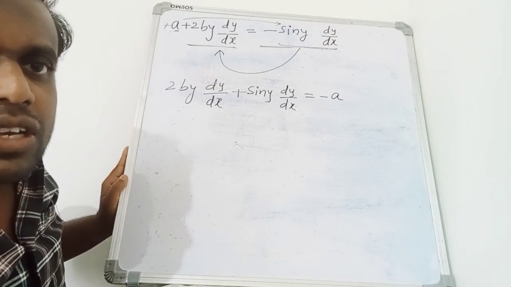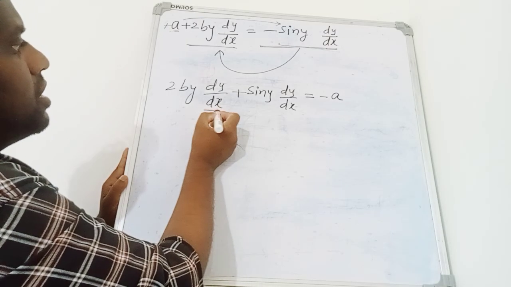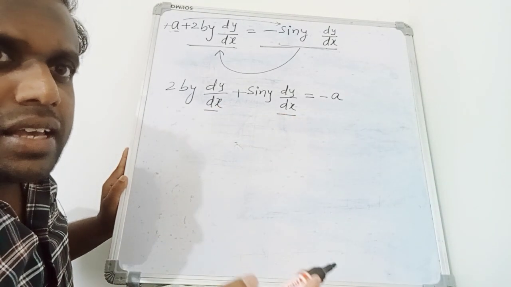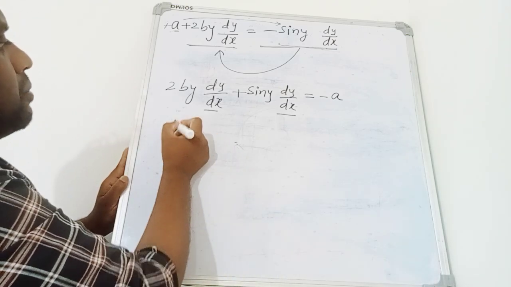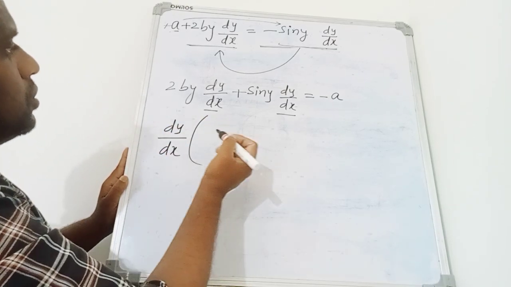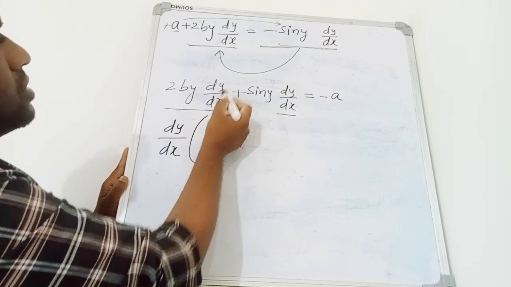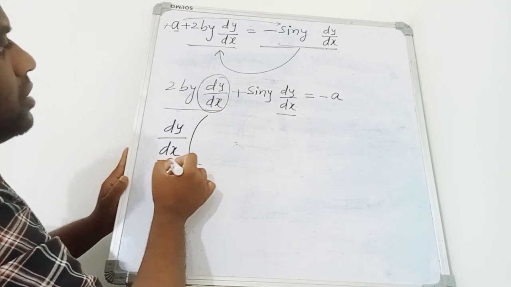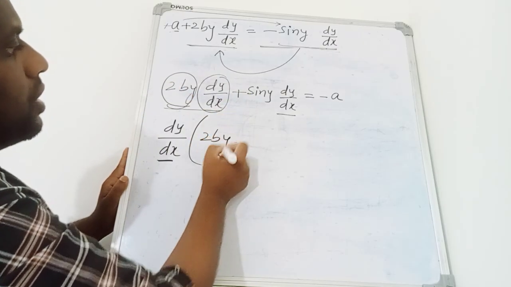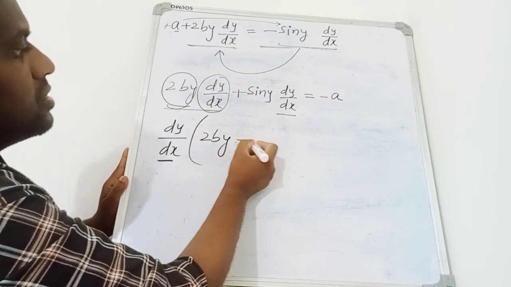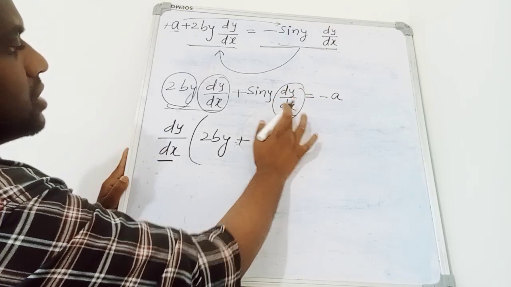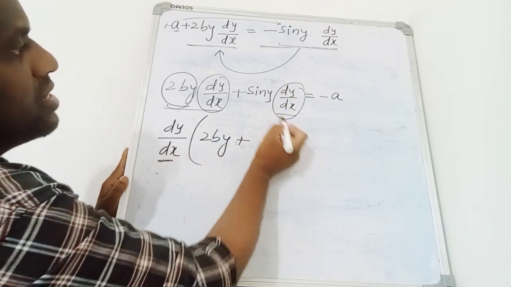Next, we want dy by dx, here also dy by dx, here also dy by dx. Take dy by dx as the common. So I take dy by dx as the common into, now consider this, dy by dx is taken common here. What is left? 2by, I will write here 2by. Next, put plus. This dy by dx is already taken as common here, so what is left?